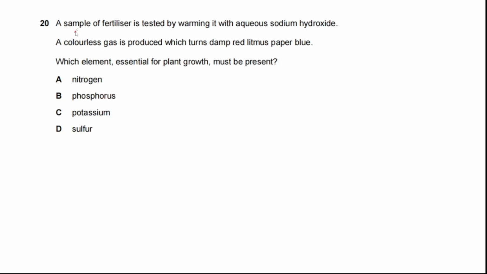Question number 20. A sample of fertilizer is tested by warming it with aqueous sodium hydroxide. A colorless gas is produced which turns damp red litmus paper blue. Which element essential for plant growth must be present?